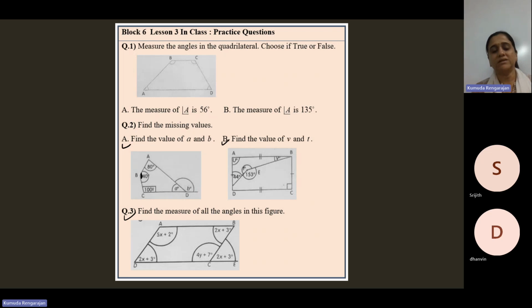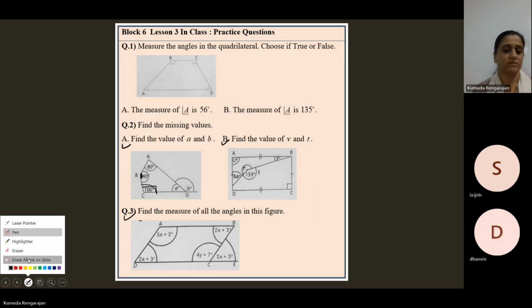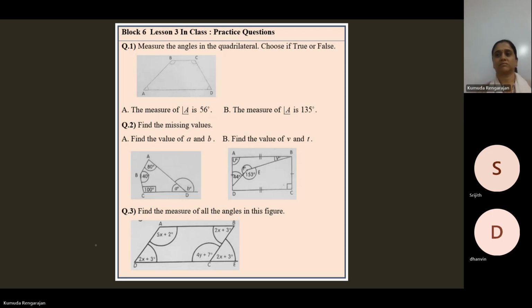No, they just marked it like that. Instead of putting a curve like this, they've just used a rectangle. Yeah, it's actually, see, we mark like this for 90 degrees, but it's marked 100, no?